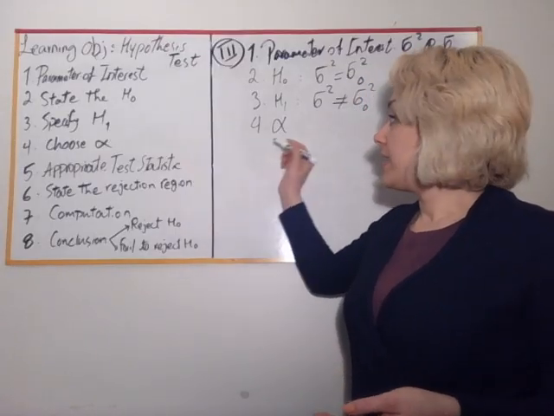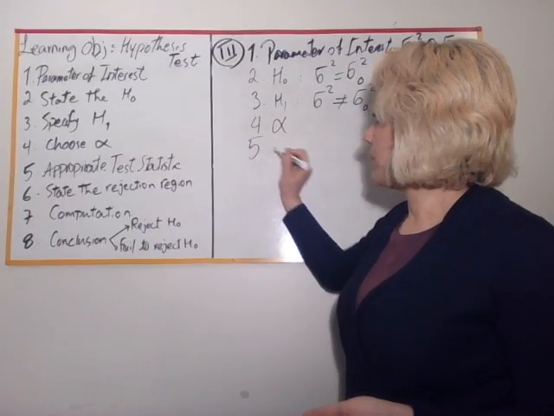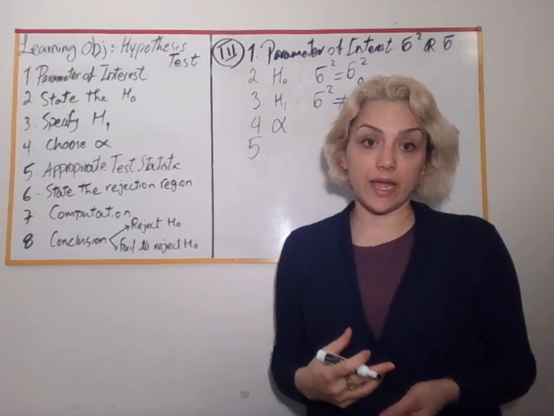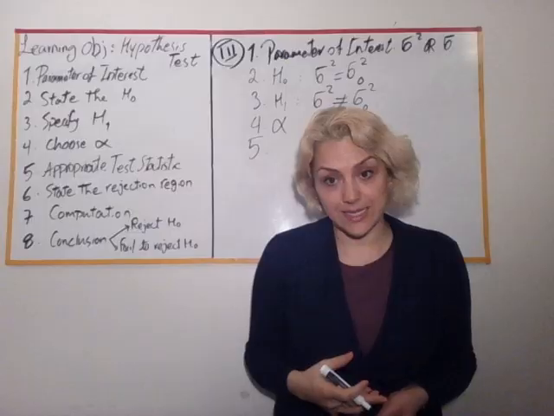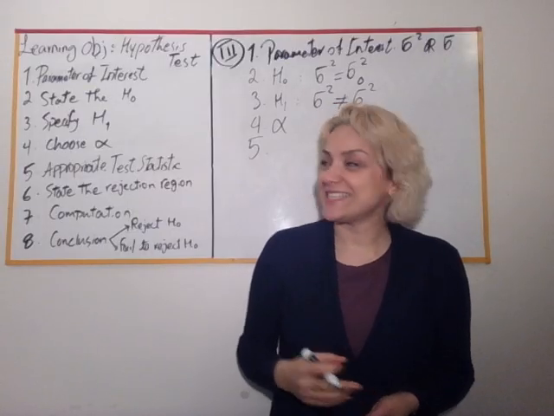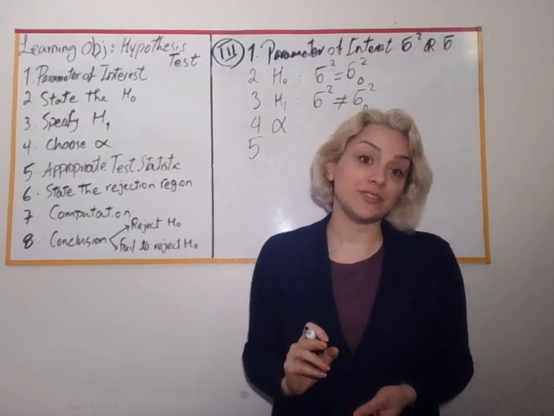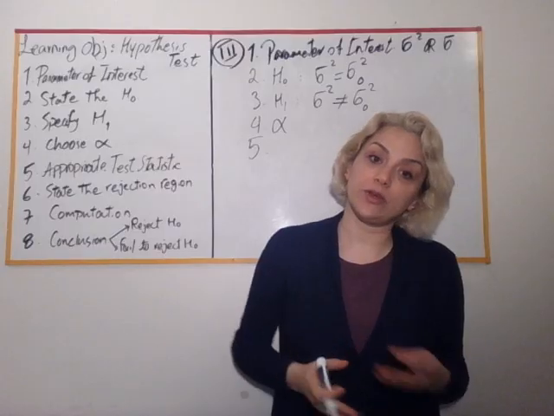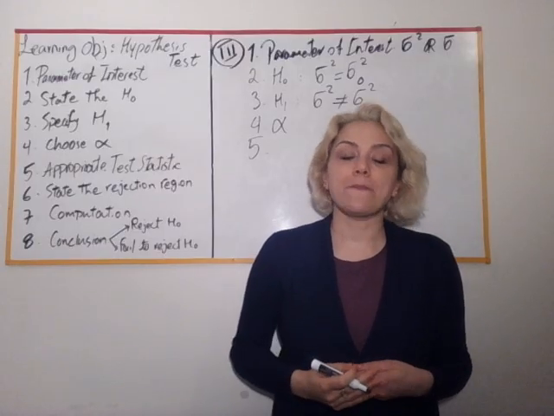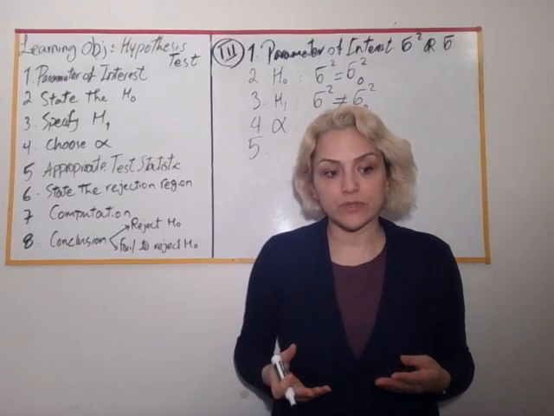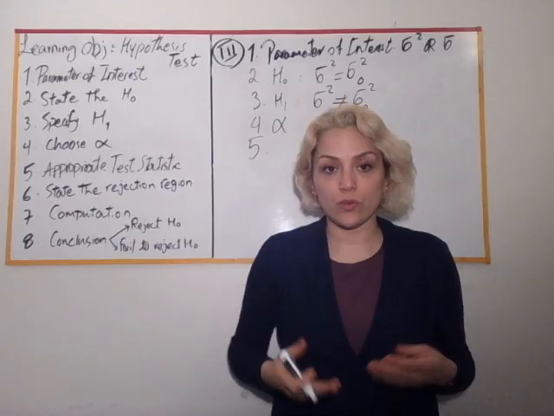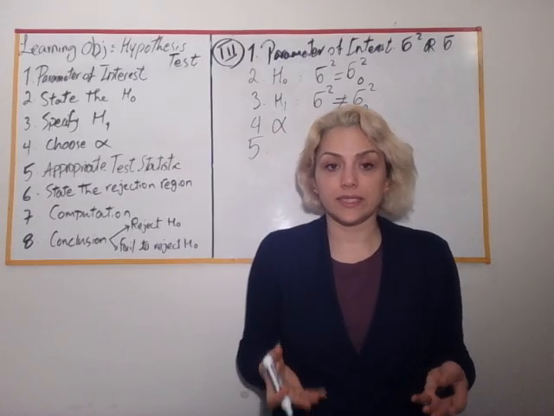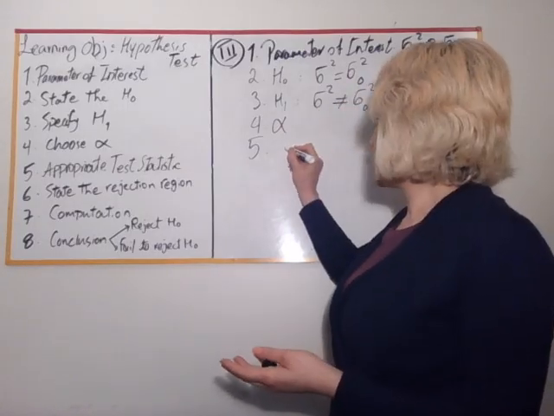Then here we have step number 5, which is the appropriate test statistic. The test statistic for category number 3 is a little different because we're talking about the variance here. We are working with the chi-squared table.